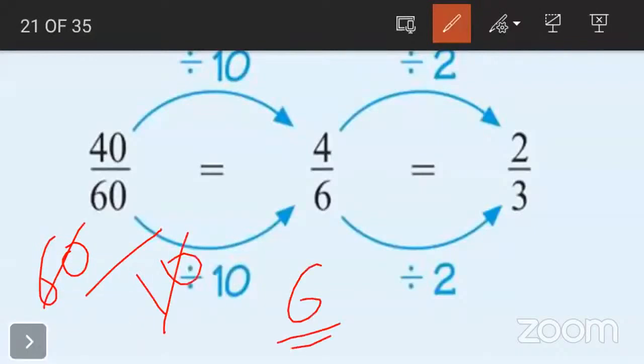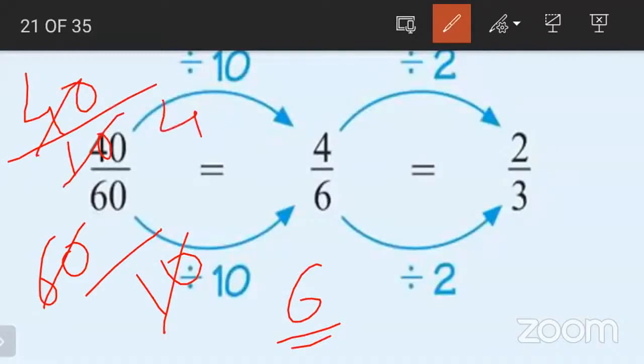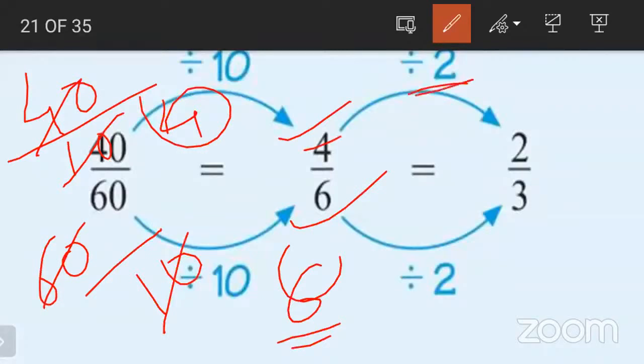This is the answer. And here 40 divided by 10, 10 4s are 40. So we get 4 as the numerator and 6 as the denominator, 4 upon 6. Now if you divide this 4 by 2, 2 2s are 4, and 2 3s are 6, so this is 2 upon 3.